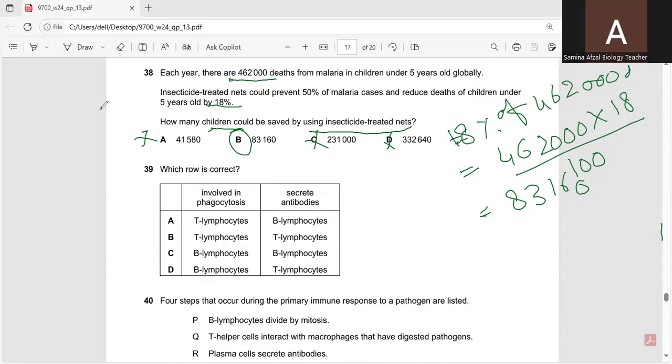Next question. Which row is correct? Involved in phagocytosis. Phagocytosis is a process in which the white blood cells engulf the microorganisms, and B lymphocytes secrete the antibodies.